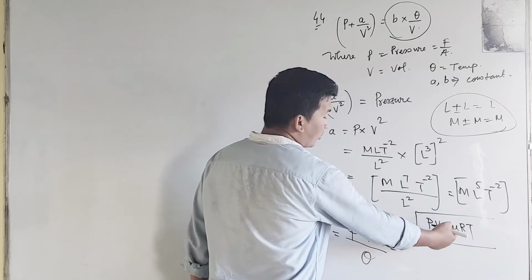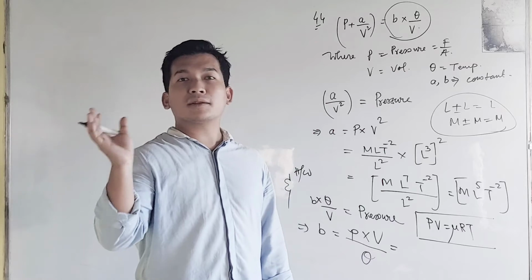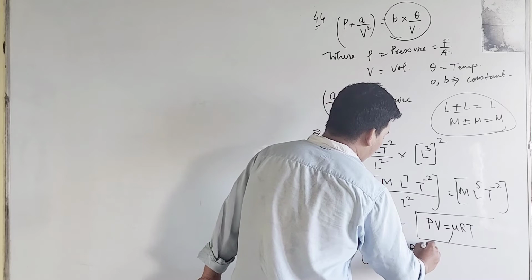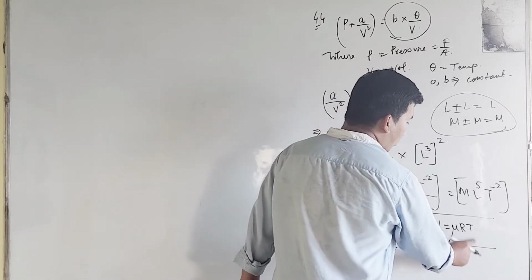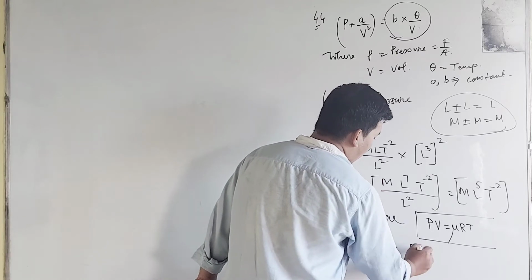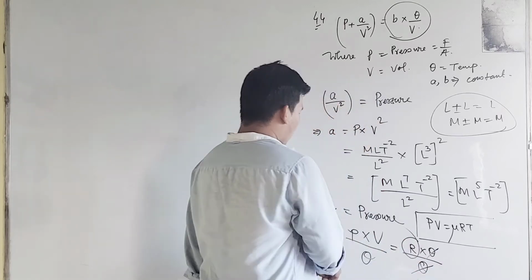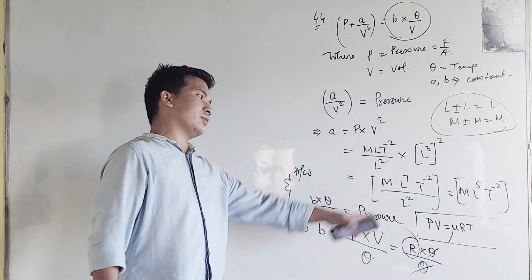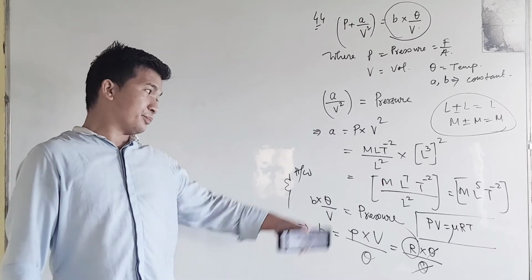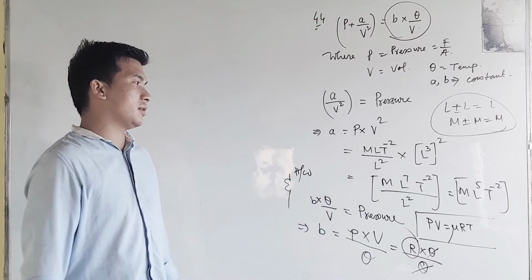Mu is a constant, because number of moles is a number and not a physical quantity, so we ignore it. So PV is equal to R theta, and B is R theta divided by theta. This gets cancelled out, and the dimensional formula of B will be equal to the dimension of the universal gas constant. Understood? Try this at your home.